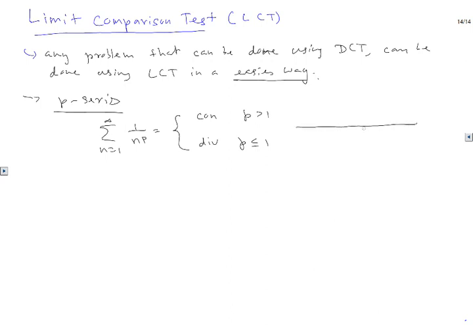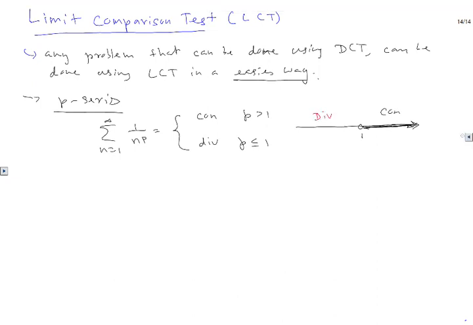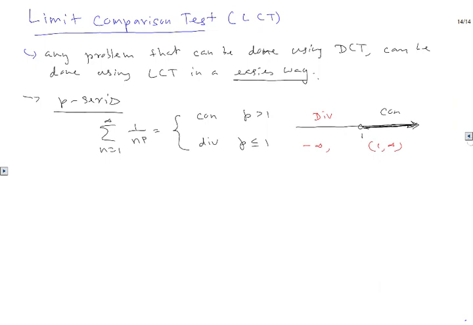So if you have 1 here, on one side, open at 1, it converges, and on the other side it diverges. The interval 1 to infinity converges, and negative infinity to 1, closed at 1, diverges. Those are the two intervals.